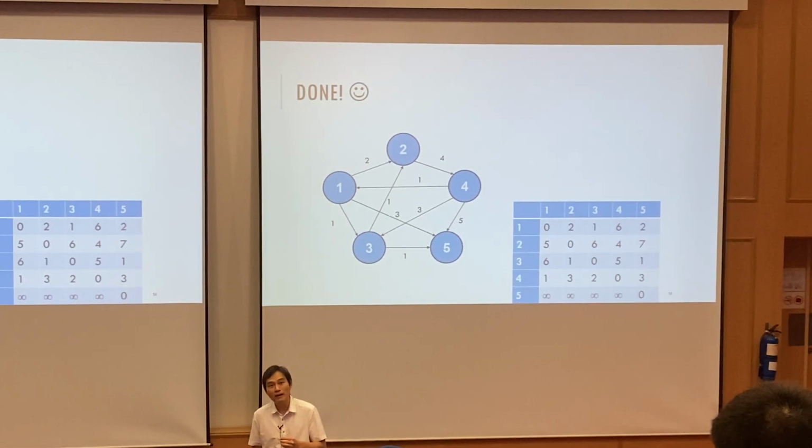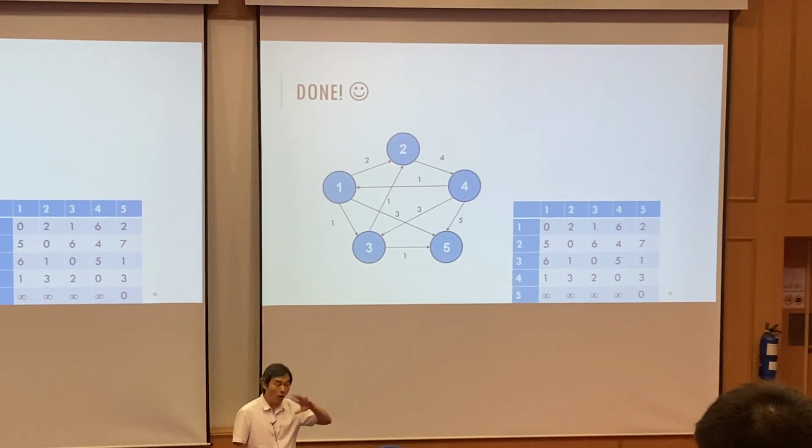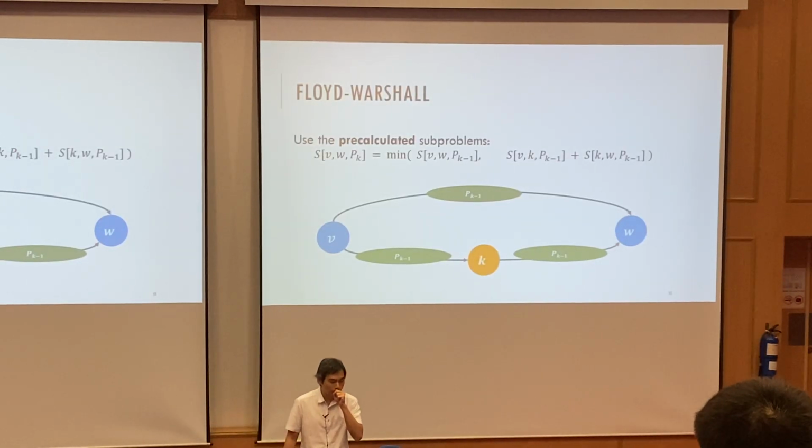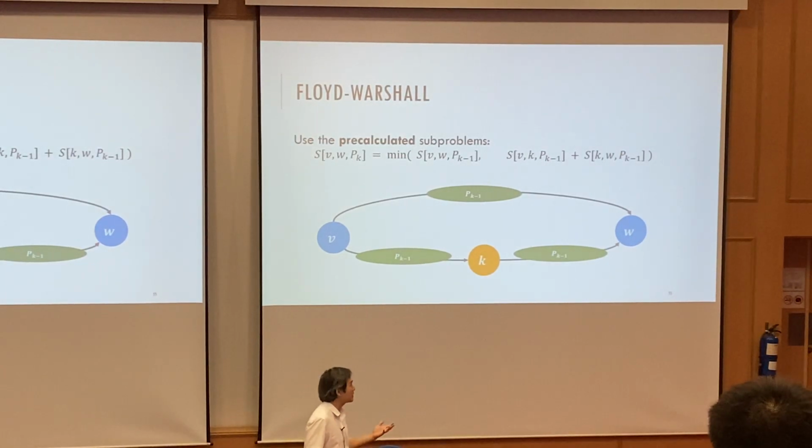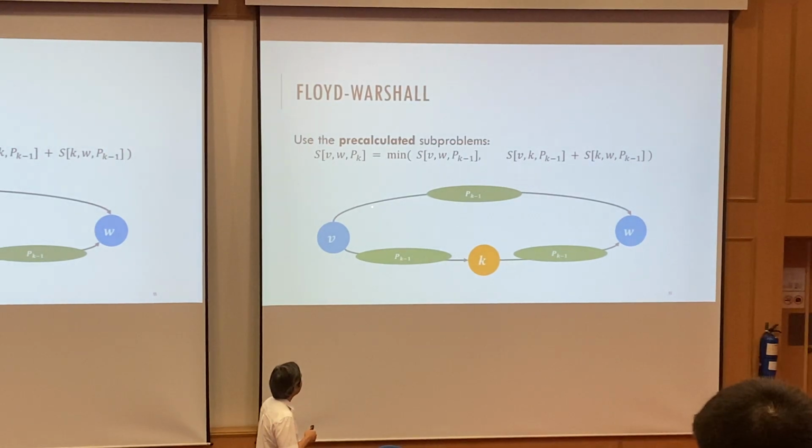So this is different from Bellman-Ford before, in that we don't just get from one source to every other node. Here it is from all sources to all other nodes. The key step here is to use our pre-calculated solutions to the subproblems. Again we're doing something like relaxation.